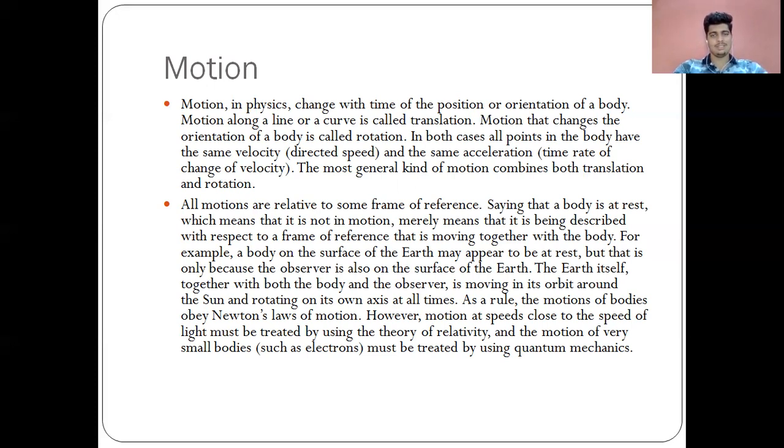So the observer will see the person at rest, but an astronaut might not see both of them at rest, because Earth is rotating on its axis and also covering a distance around the Sun.